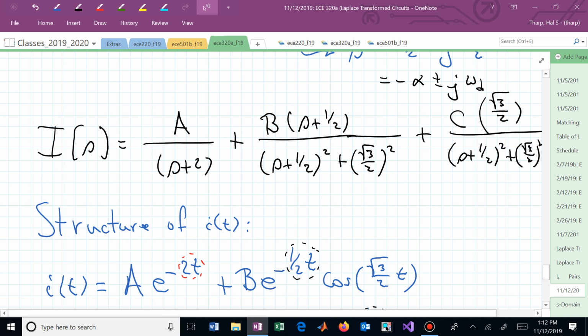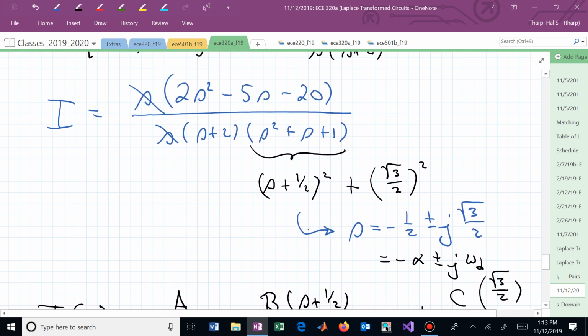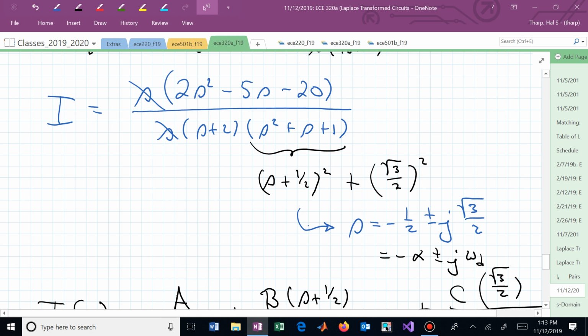How would we find A? First, we need to remember what the other side was equal, which is all of this. And set that equal to our 3 terms.